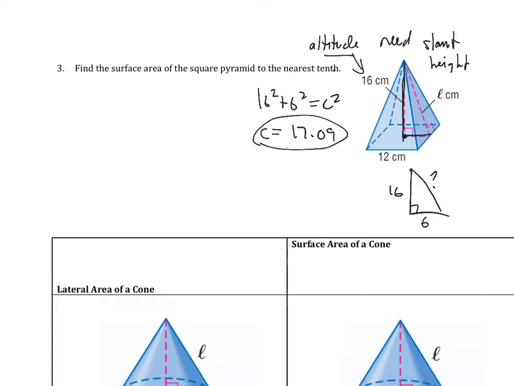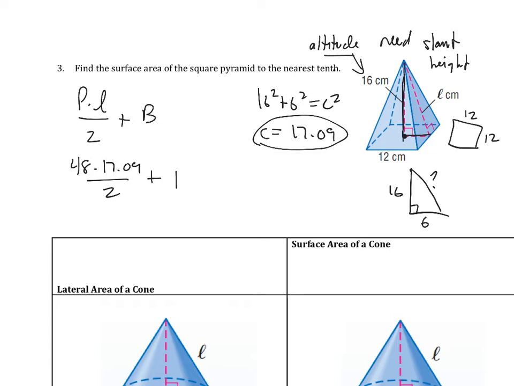So I'm going to take perimeter of the base times the slant height divided by 2 plus the area of my base. So perimeter of the base is going to be 48 times 17.09 divided by 2 plus area of the base. Okay, the base is a square with side of 12, so that's going to be 144.